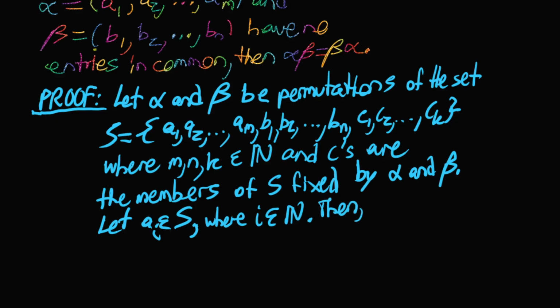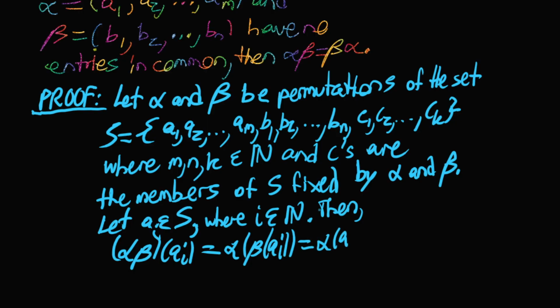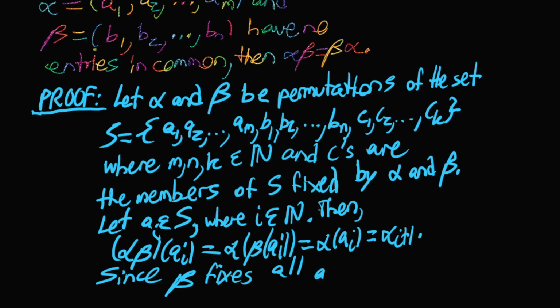Then we have alpha beta of Ai equals alpha of Ai equals A i plus 1, since beta fixes all A elements.